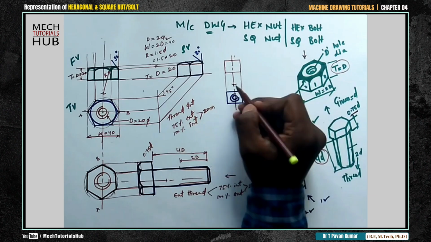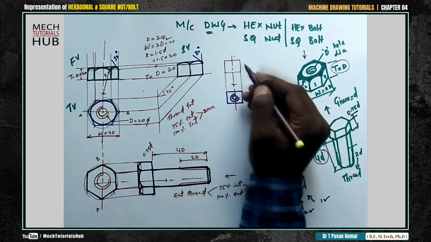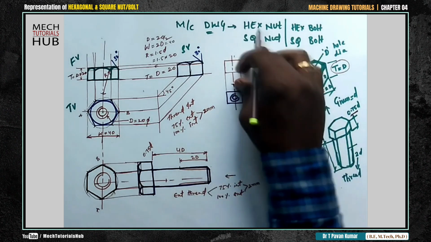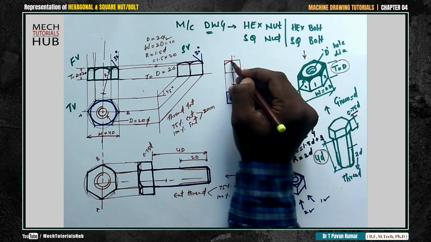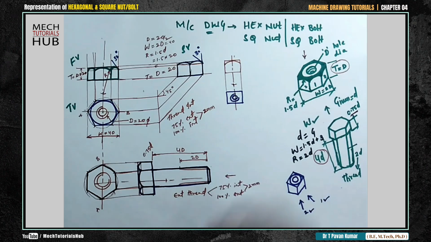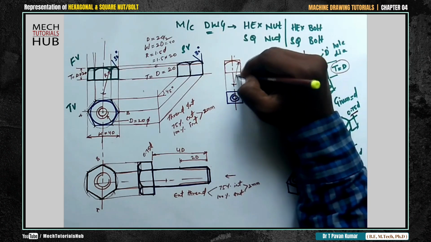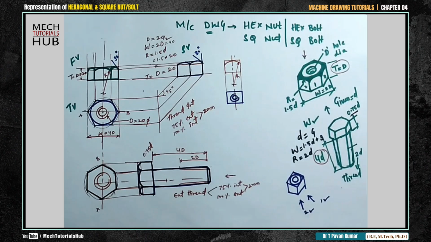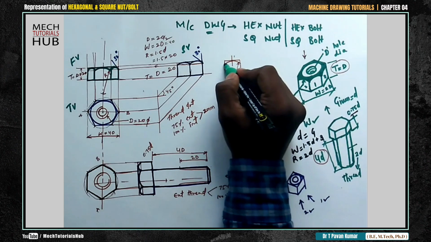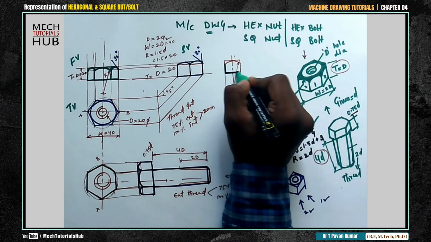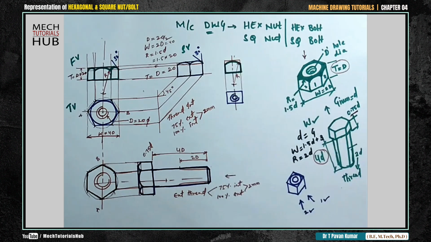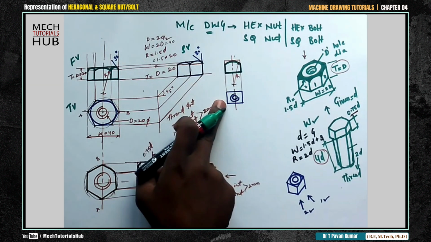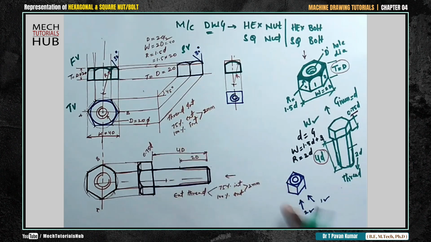In a reverse way, with the help of a compass, taking radius 40, draw a curve until it touches the next vertical. This is done. Now this is your radius R, which is equal to 2D. Now take an HB pencil, darken the required visible part. This is about a front view and top view of a square nut when the position is here.